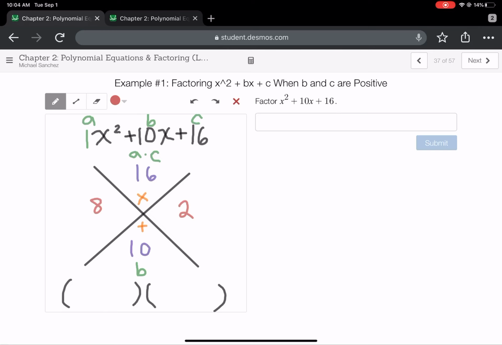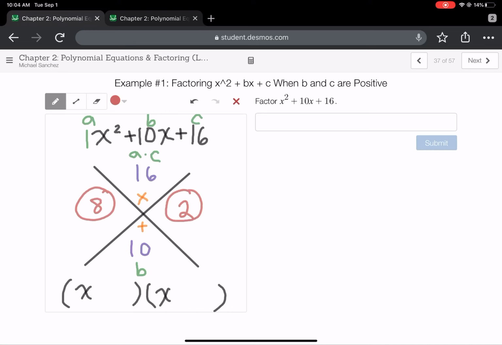Now we have our terms, and we can go ahead and fill in our binomials. Our binomial is going to be x plus or minus something, times x plus or minus something else. That plus or minus number is going to be the two numbers we came up with on our x.